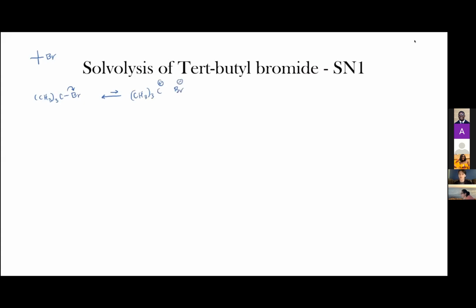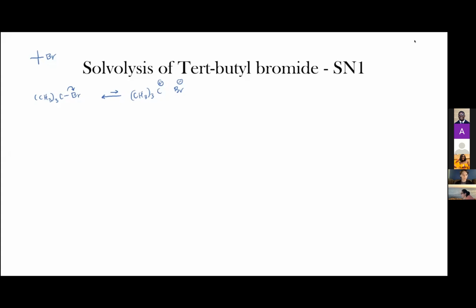Okay, so we know that for SN1 reactions, the first step is always the carbocation formation, and that's the rate determining step because carbocations are relatively difficult to form, and carbons prefer not to be charged.